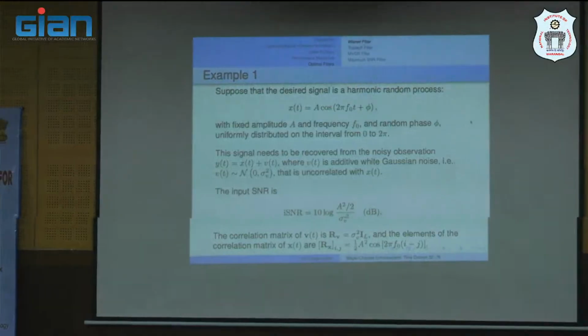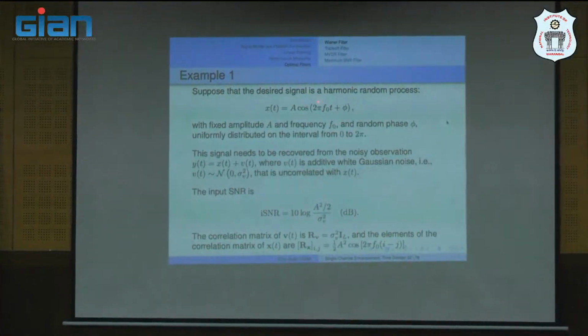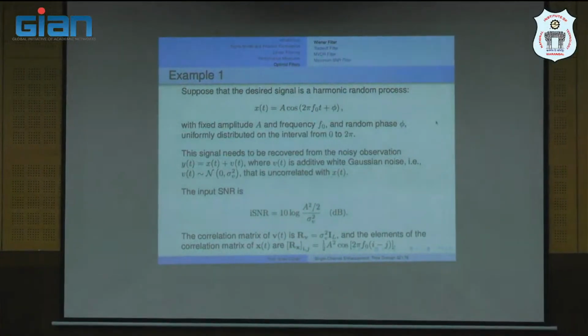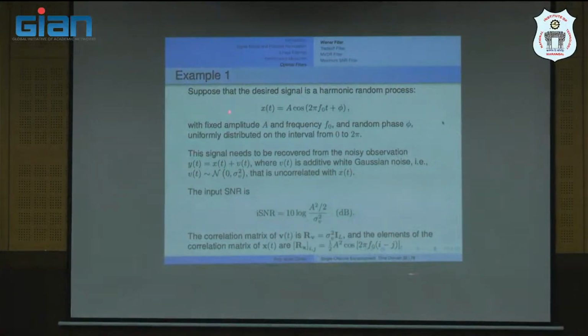We assume it's normalized. Okay, everything is normalized. So the sampling interval is 1. We normalize by the sampling interval. And so f0 is between minus half and half. And phi is the random phase, uniformly distributed on the interval from 0 to 2 pi. Okay? So this is the desired signal.